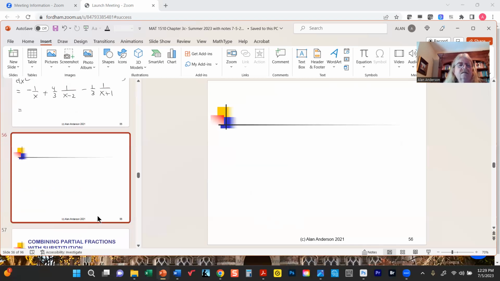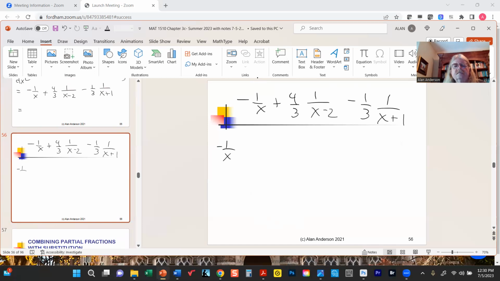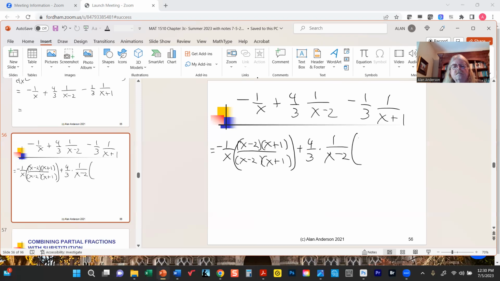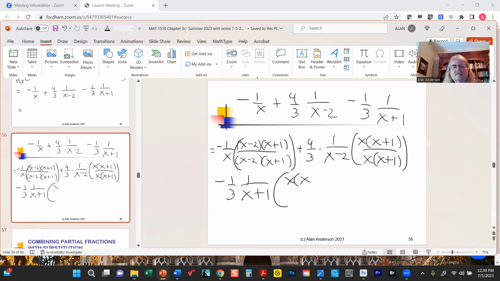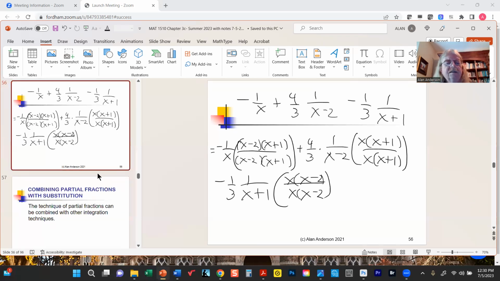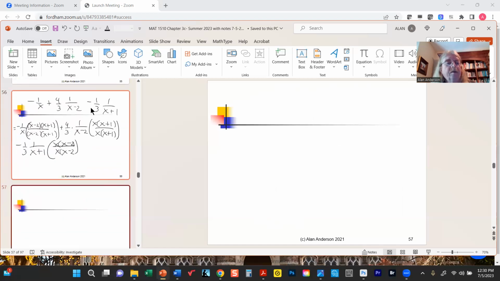Sometimes it works and sometimes it doesn't. So let's see what that turns out to be. And we're hoping that it's the same as what we started out with.